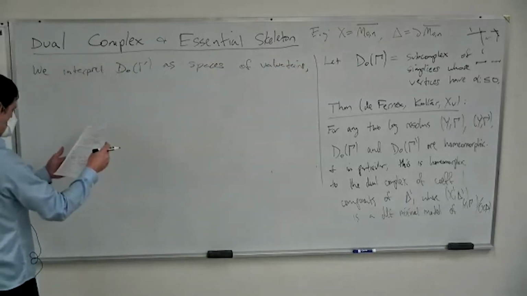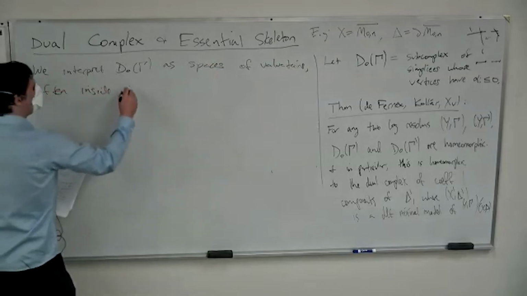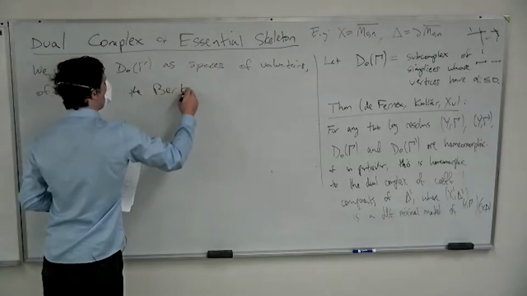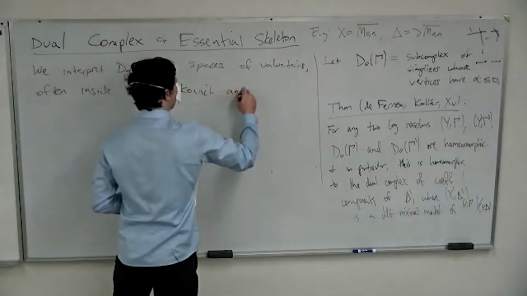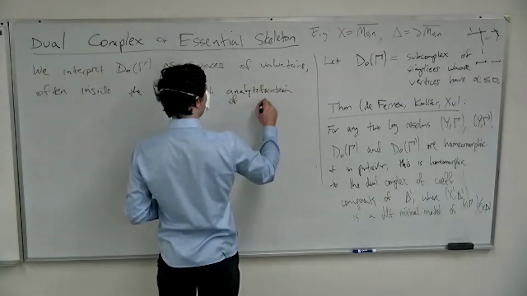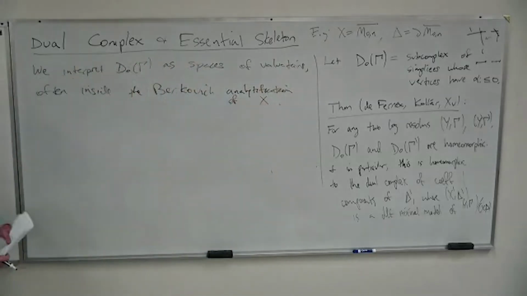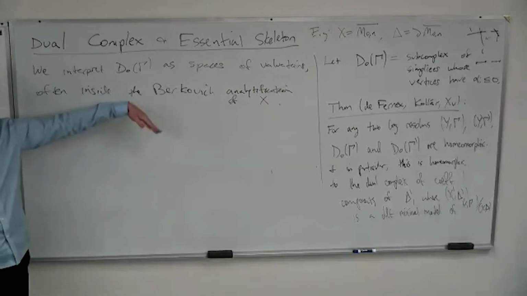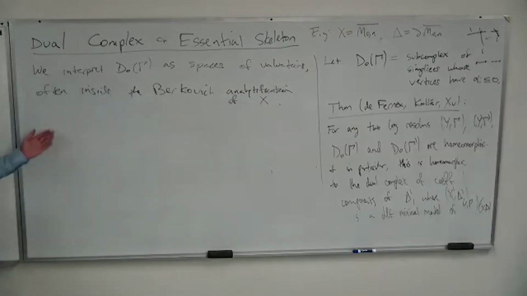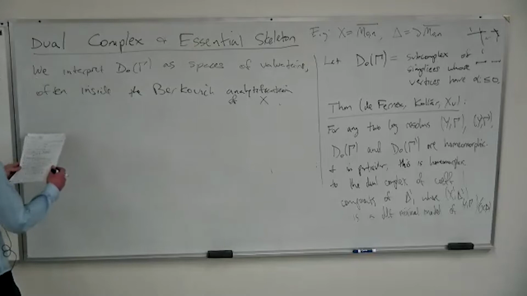And this is often inside the Berkovich analytification of our variety X. Okay, so I'm just going to briefly introduce this with the definition and the example. It's the sort of thing where, if you haven't seen it before, I'll give you a taste of what's going on. You just think of this as a space of valuations. If you have seen it before, then this is one of the standard pictures.